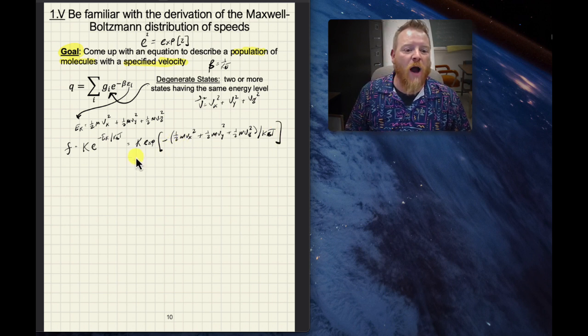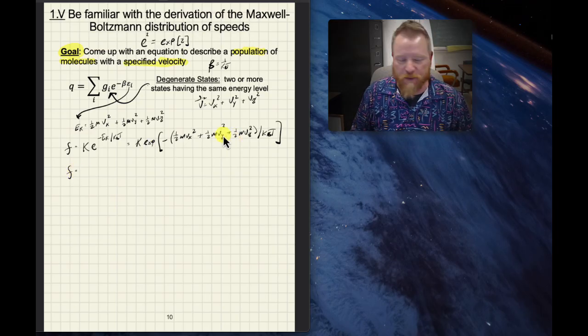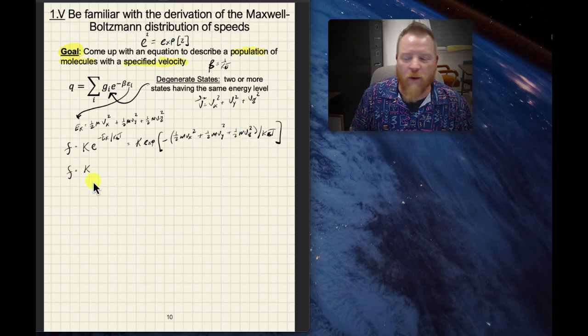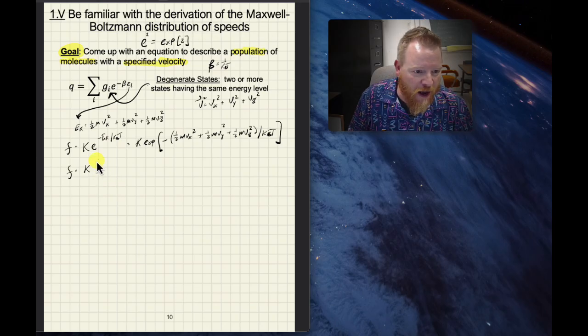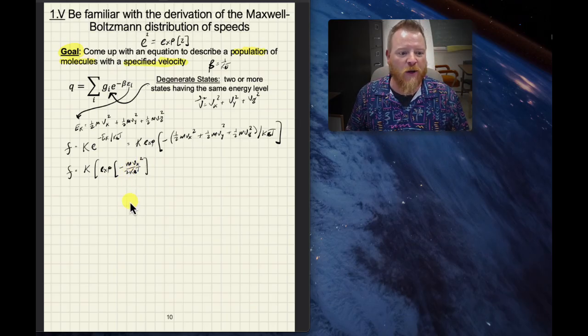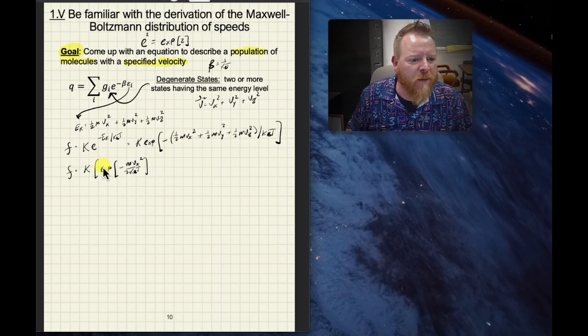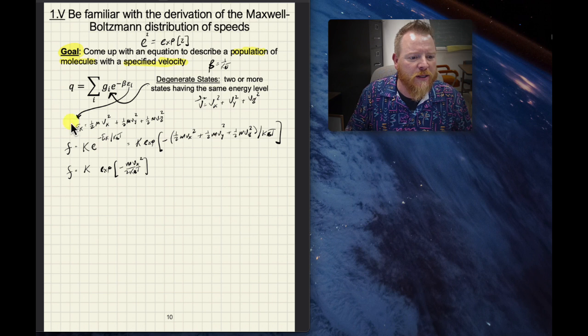Okay. So we can do some algebra tricks here and simplify this expression as the following. I'll write that as k times exp bracket negative mvx squared over 2kBT. So I just put the 1/2 like so. And instead of a bracket, I want to make that a parenthesis just to be less confusing.